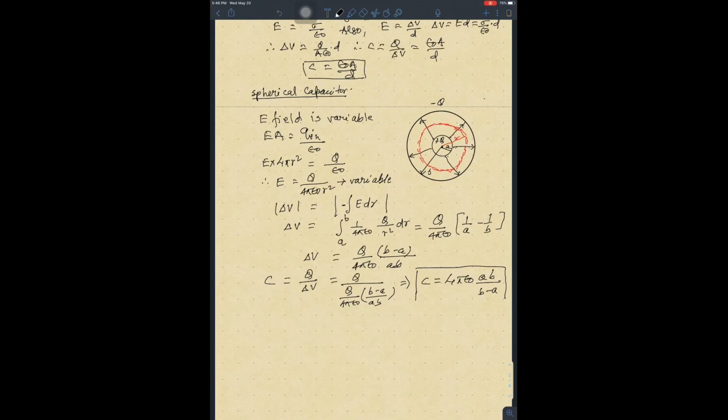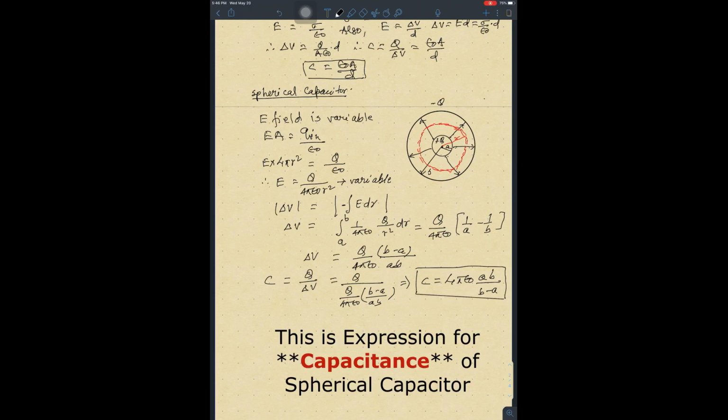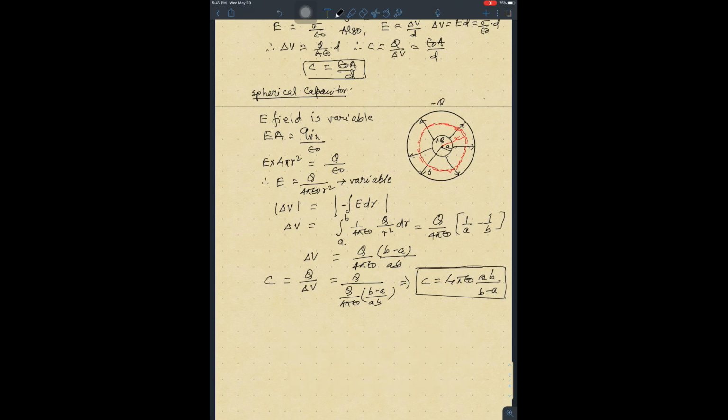This is the expression for the capacitance of a spherical capacitor.